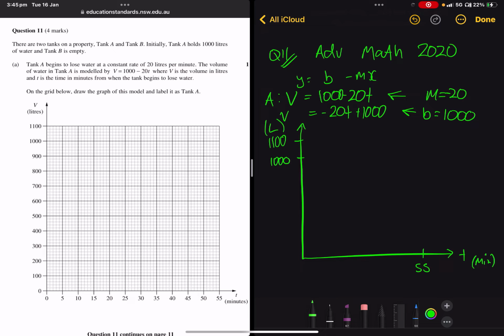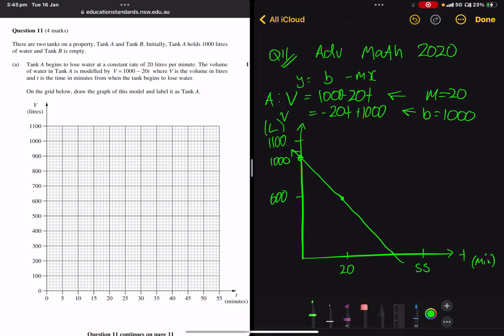So if we think about some arbitrary time here, let's imagine we pick 20. At the point where 20 minutes have passed, the tank will have lost 20 times 20 litres. So that will be 1,000 minus 400, that'll be 600. So at this point, it'll be down to 600. So we know it passes through this point, we know it passes through this point, and then we're just connecting the dots.